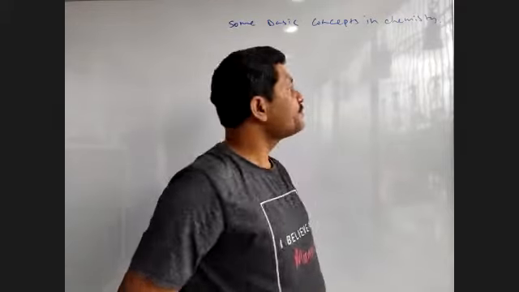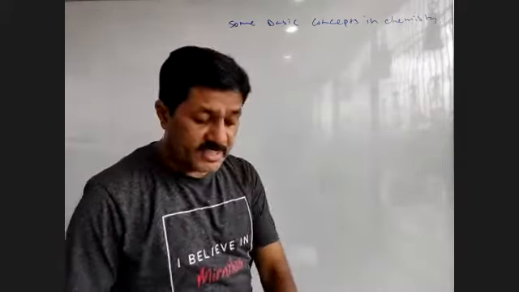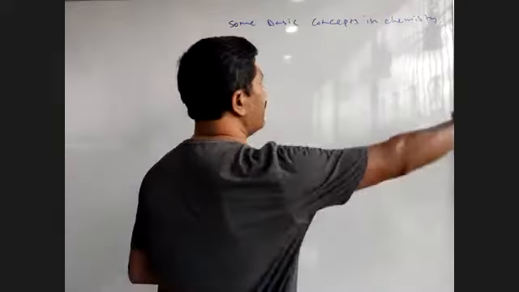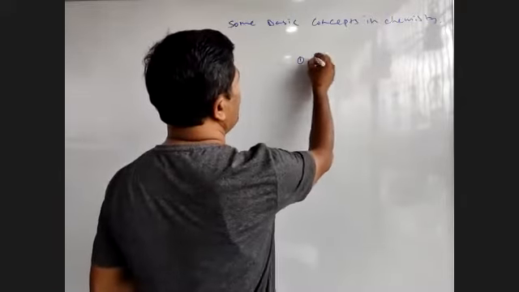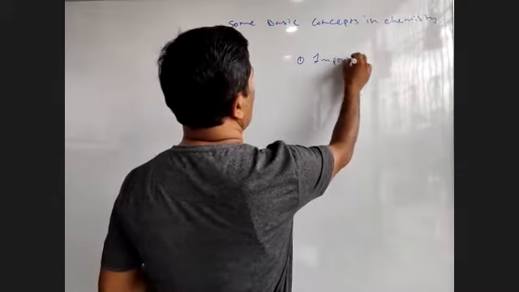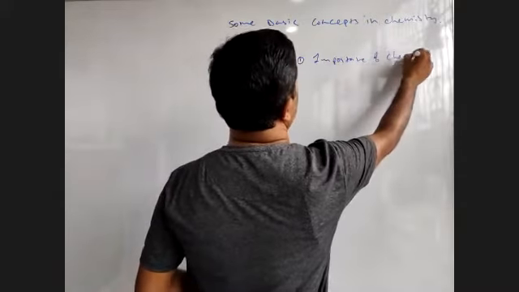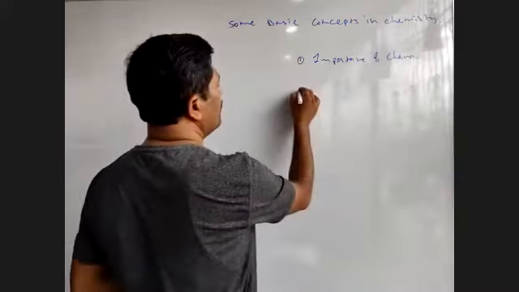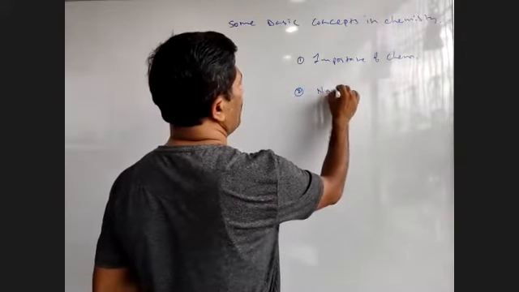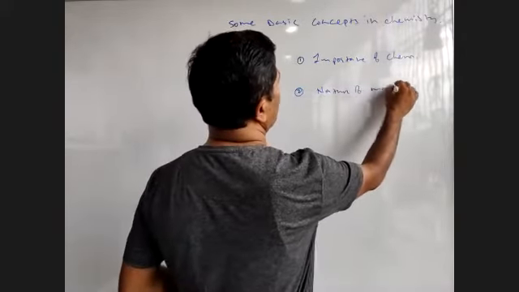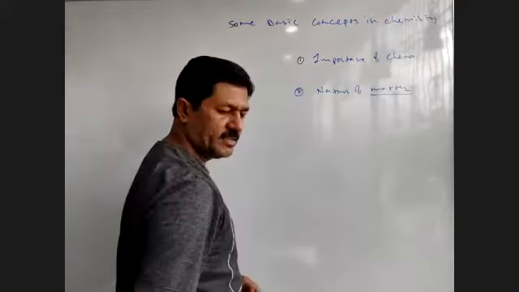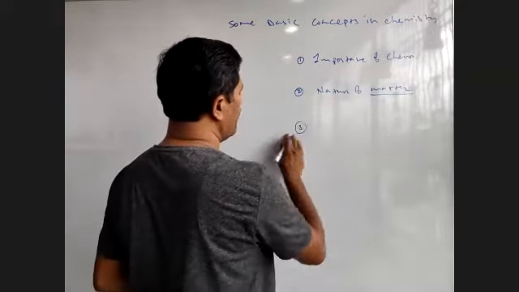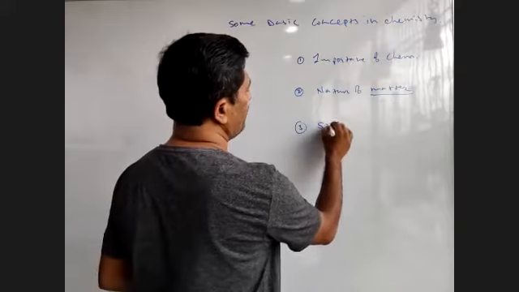Okay, so onward. As I recall, we have seen number one, the importance of chemistry. Number two, the nature of matter, or simply matter. Number three, we have seen the states of matter.